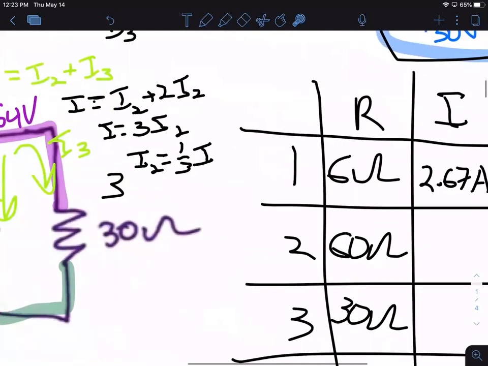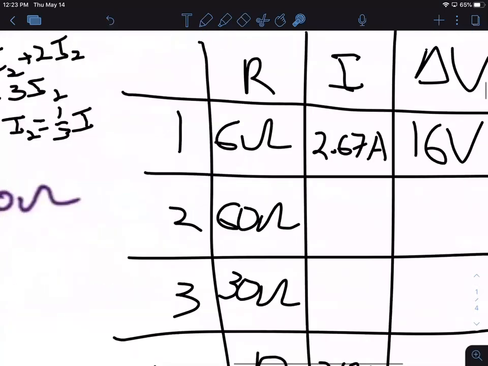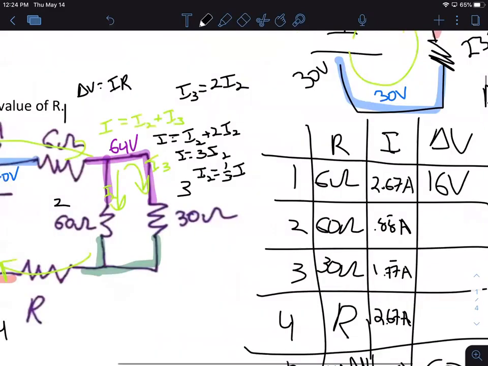It's 0.8888. Another one gets 2/3 of 2.67, which is 1.77 repeating amps.